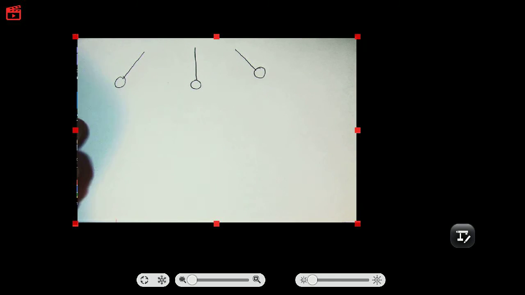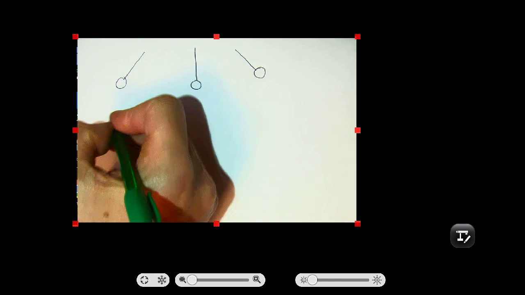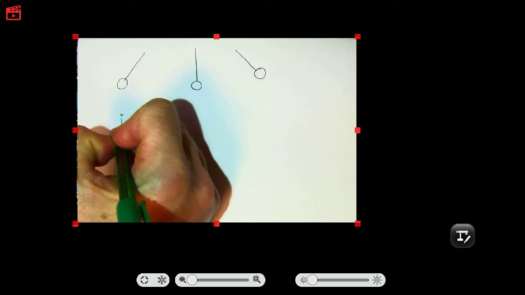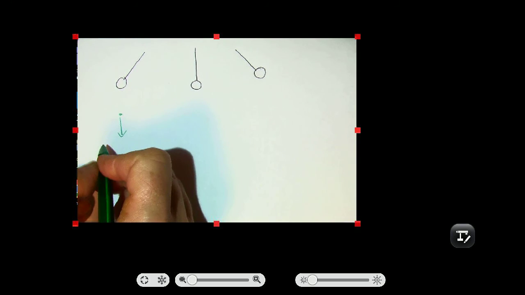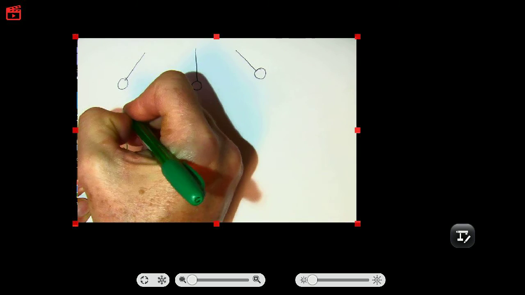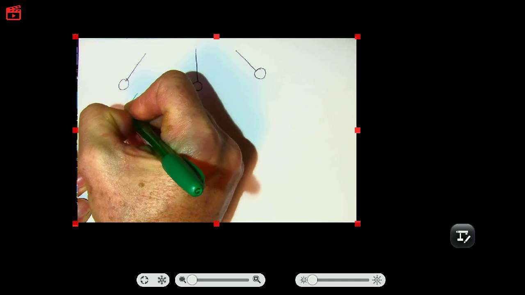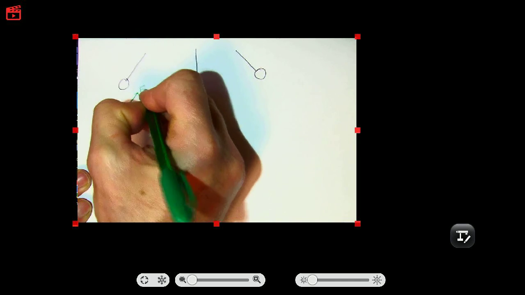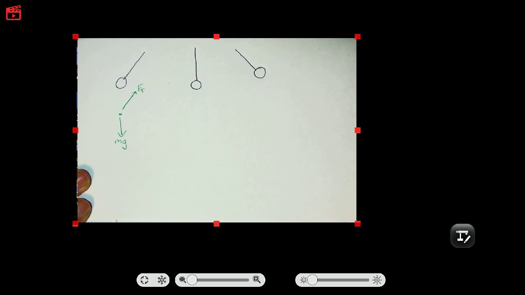Now, if we're looking at this in terms of the forces, we've got a force acting on it. Our force acting down is mg. We've got a force caused by the tension on the rope, force of tension going that way.